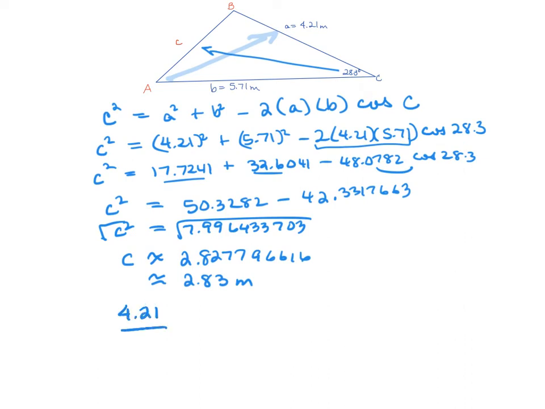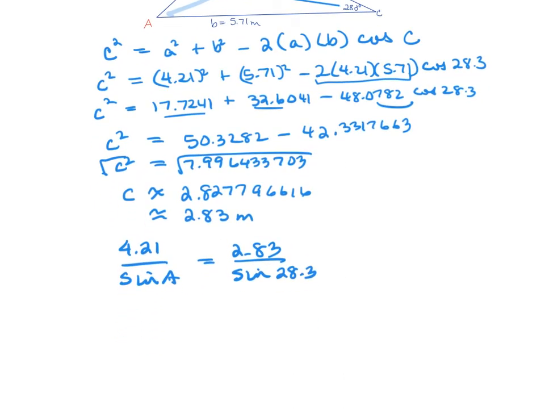So I'm going to do 4.21 over the sine of A is equal to 2.83 over the sine of B, which is going to be 28.3. I'm going to cross multiply and divide.